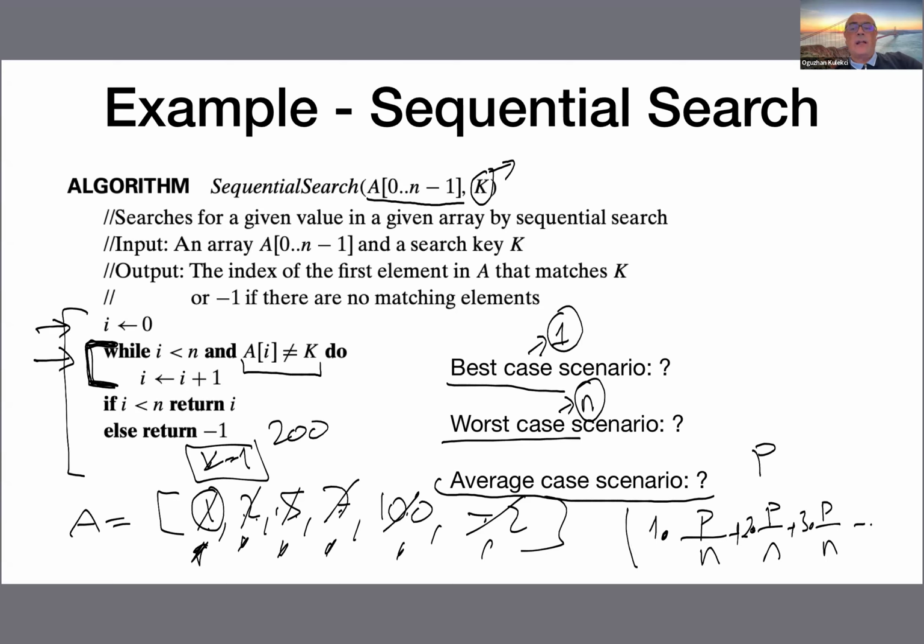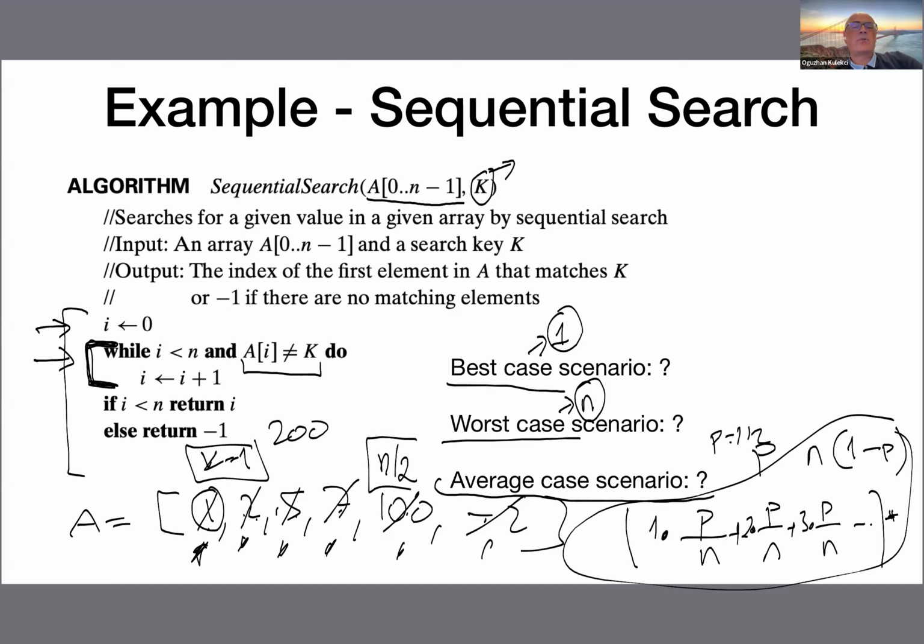Plus, with 1 minus P probability, it will not be in the array, so you will need to make n comparisons. And if you go to the details of this math, you will see that in such a scenario, if P is equal to 1 over 2, then on average you will be visiting approximately n over 2 items in this array.